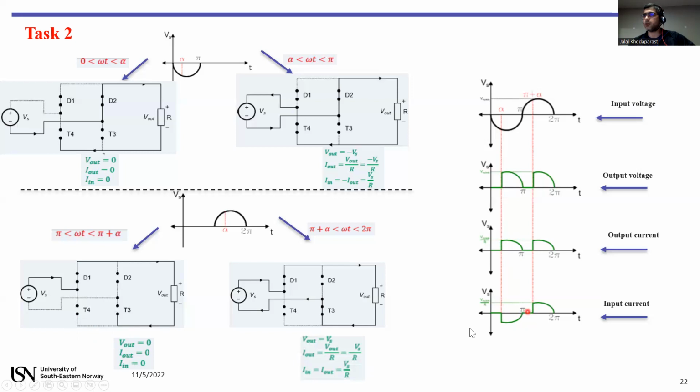And finally, input current is similar to output; it was output current, so input current is the same. In this way, you can calculate output voltage, output current, and input current.